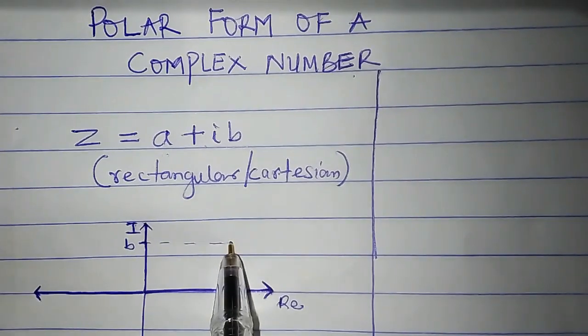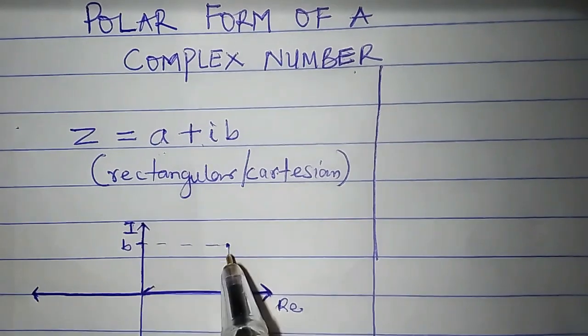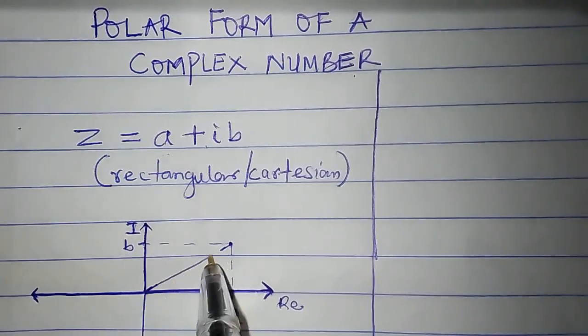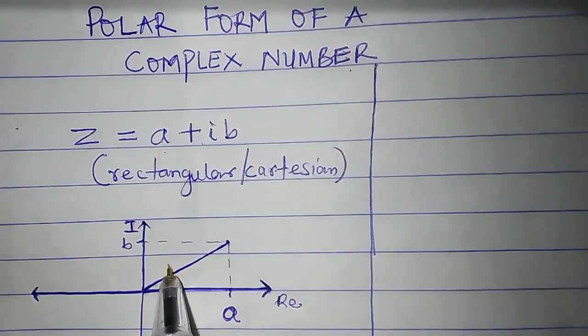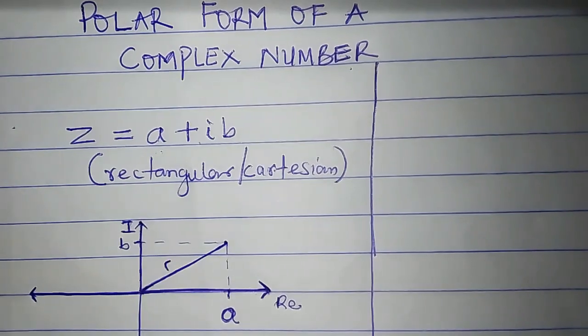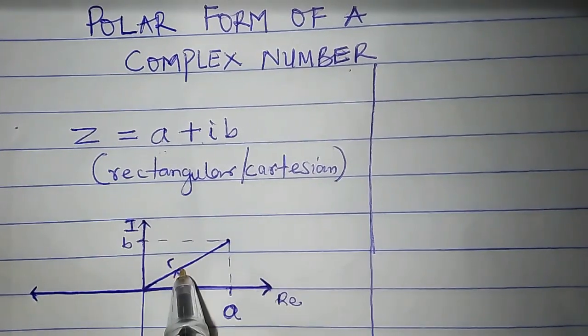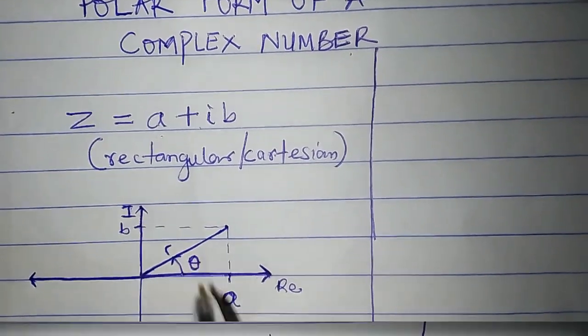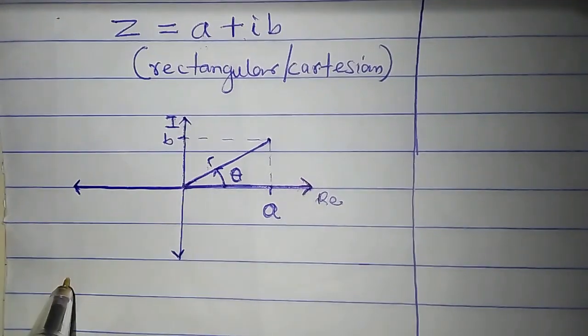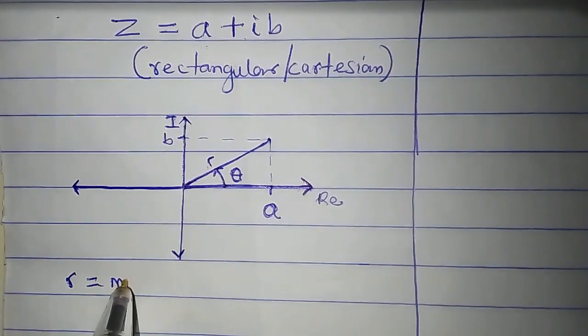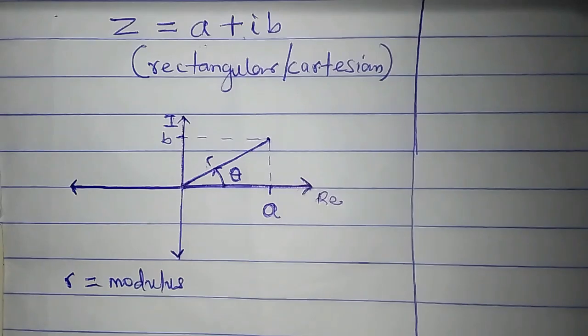the distance of the complex number from the origin is called the modulus of the complex number. We usually use r to denote modulus. We form an angle here of theta. r is called the modulus. r is the modulus of the complex number.